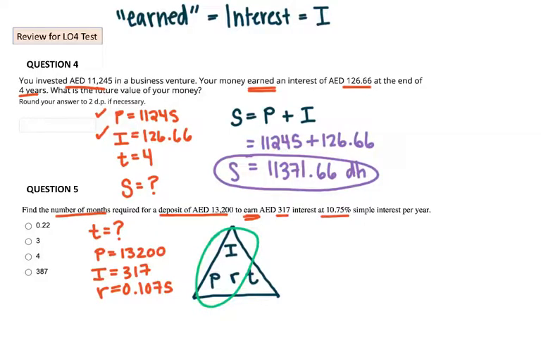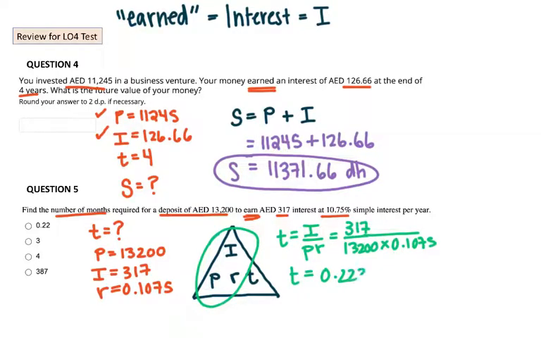So we can use this equation that T equals I over PR. So let's plug in 317 divided by 13,200 times 0.1075, and we'll get a time of 0.223 years. But the problem, remember, they did not ask for years, they asked for months.